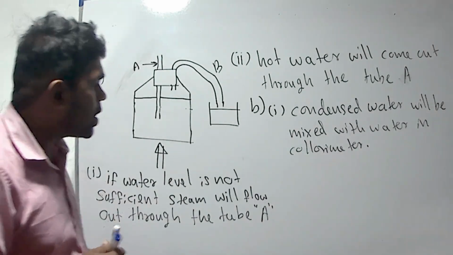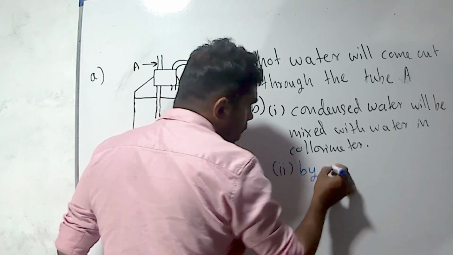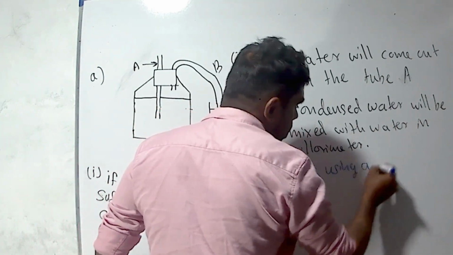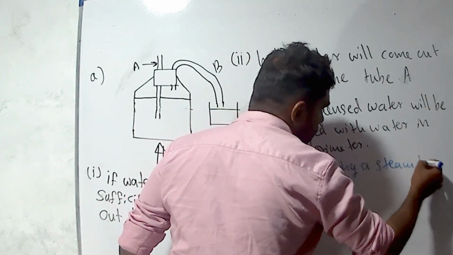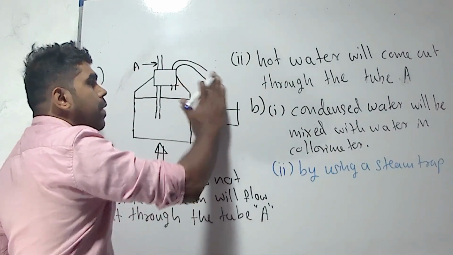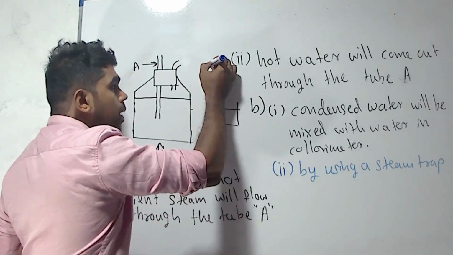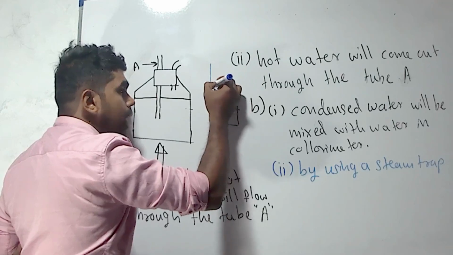We have to use the steam trap. Steam trap means we can connect a container like this.